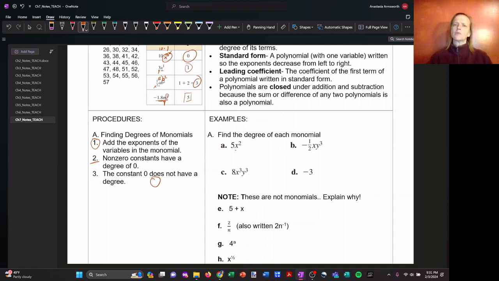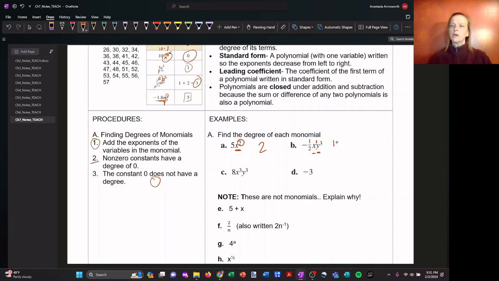So 5x squared, here's my variable. So I look at the exponent of the variable. I only have one variable here, and so the degree is 2. In this example, I have 2 different variables here, so I have 2 different exponents to think about. I have the exponent on the x to think about, as well as the exponent on the y.